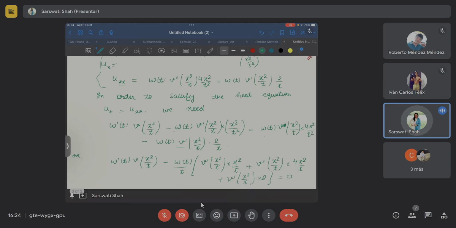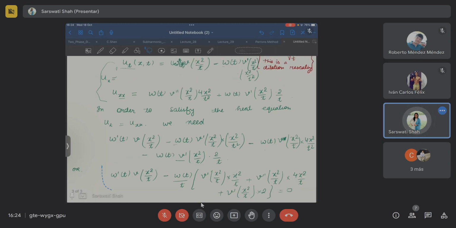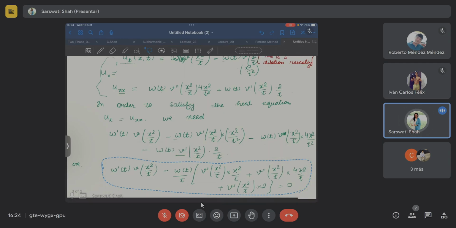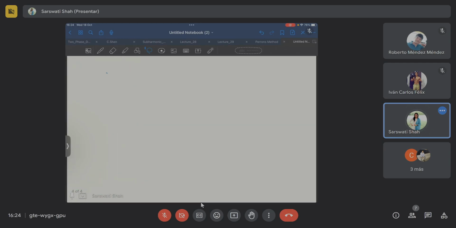Now, for the sake of convenience, assume that x²/t equals s, another variable.